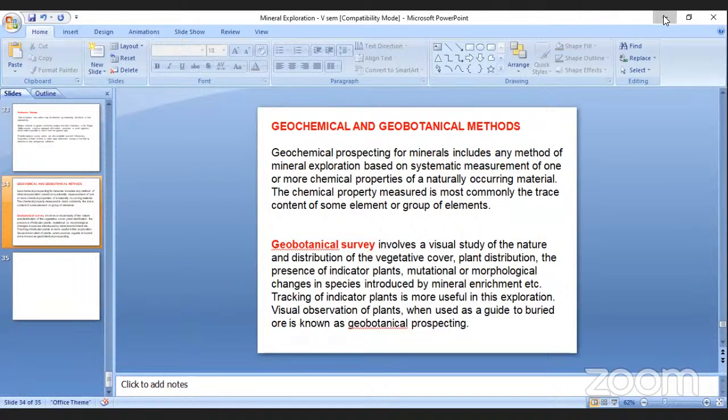The scale depends on the surveys. The geochemical surveys are divided into two parts: one is the reconnaissance survey, and the second one is the detailed survey.